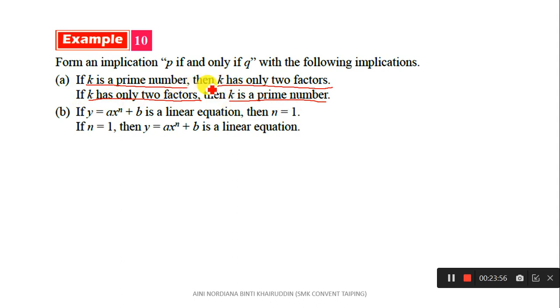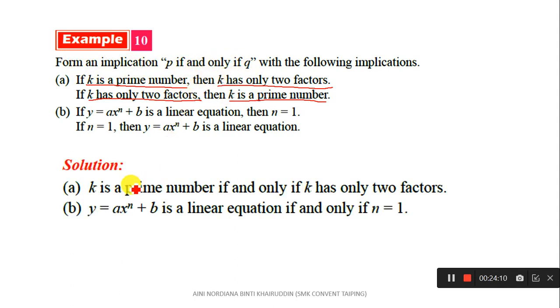Actually, we just change the position of the first statement and the second statement. So, to form the implication P if and only if Q, you just write K is a prime number, choose the first sentence, add the words if and only if, K has only two factors. Okay.